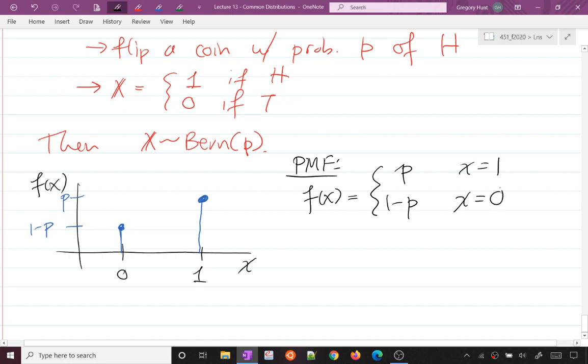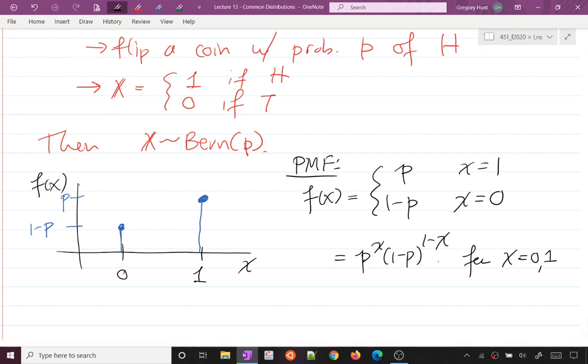Another fancier way to write it would be p to the x, 1 minus p to the 1 minus x, for x equal to either 0 or 1. Notice that if x is 0, this is just 1 minus p, and if x is 1, that's p. So they're identical ways. This looks familiar, right?